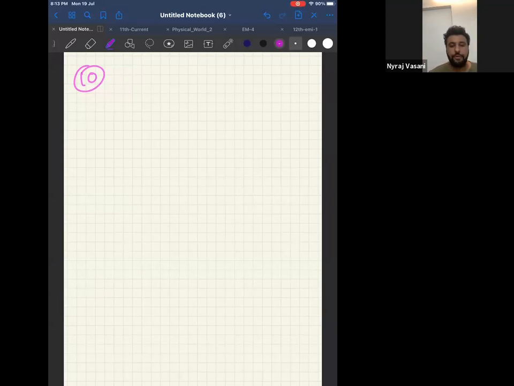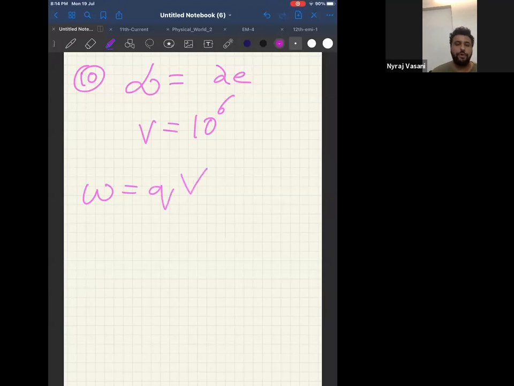For people who are wondering what is the charge of an alpha particle, charge of an alpha particle is 2 times the charge of an electron. An alpha particle is accelerated through a potential difference of 10 power 6 volt. What is the kinetic energy? Kinetic energy means work done. Work done will be W is equal to VQ or QV.